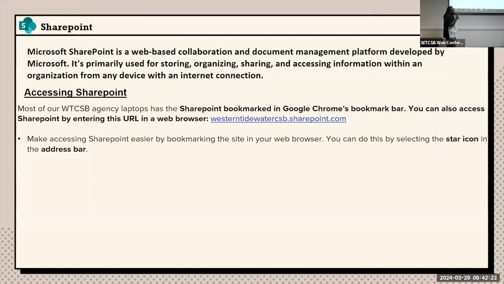I know a lot of staff and a lot of people will just go to the Western Tidewater website, click on resources and employee portal. All right. We're trying to stop that because it's giving us negative website stats. When we click into it and we go into resources and employee portal and get directed to the SharePoint, we're no longer on the Western Tidewater website.